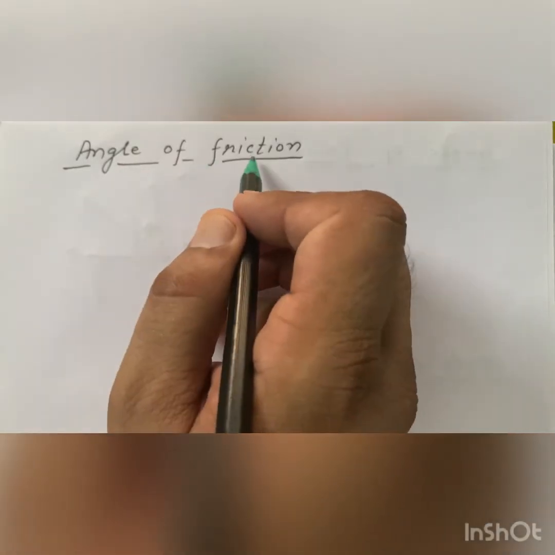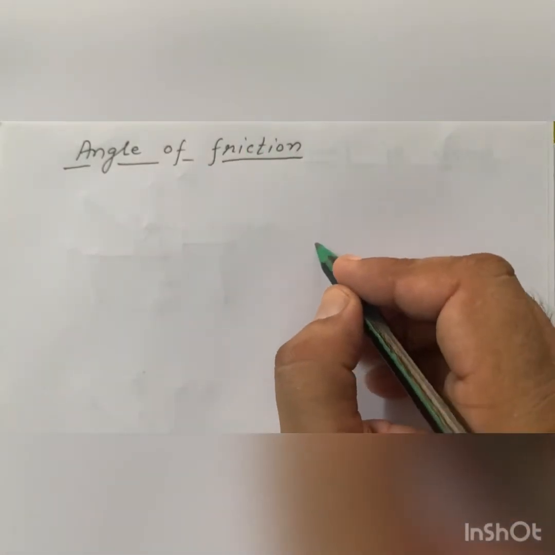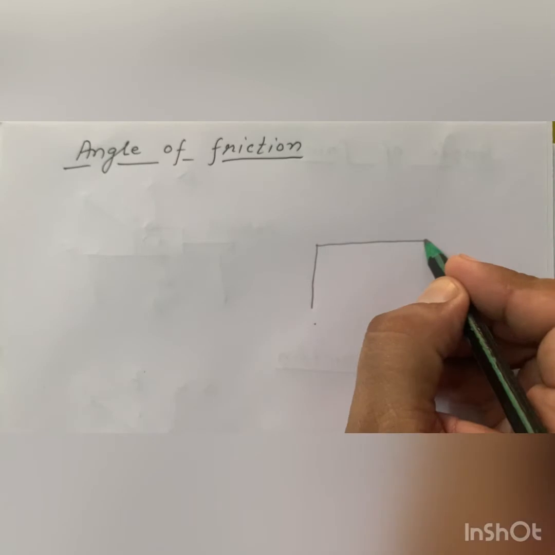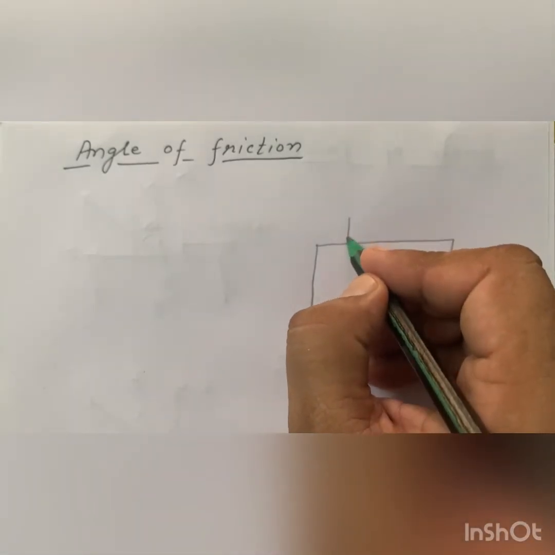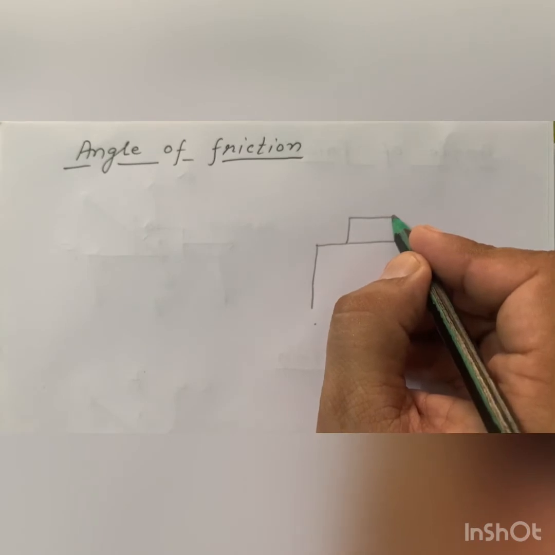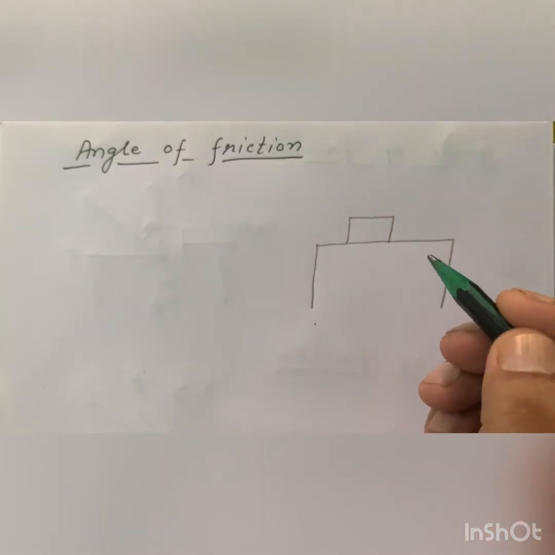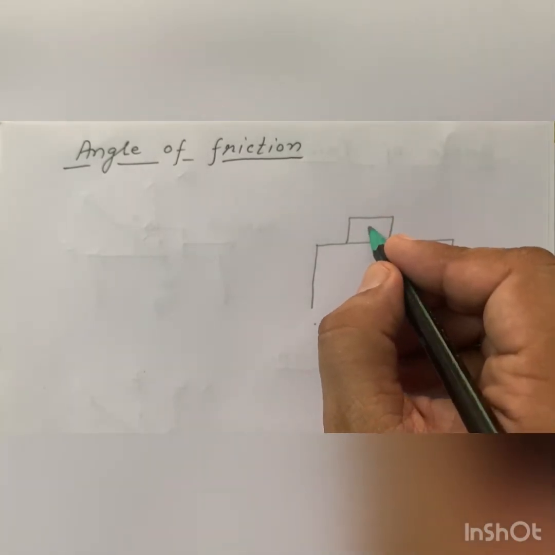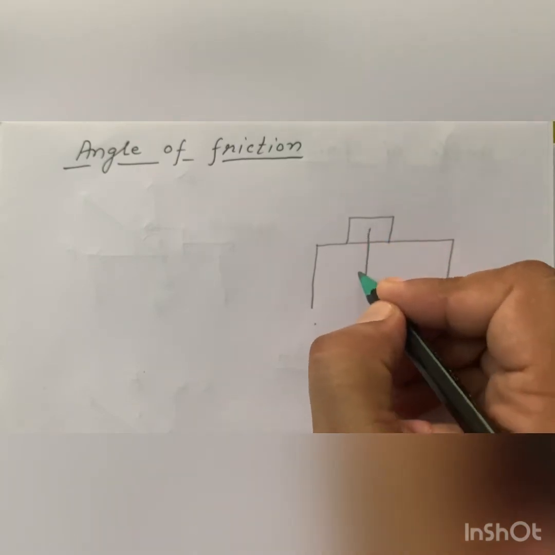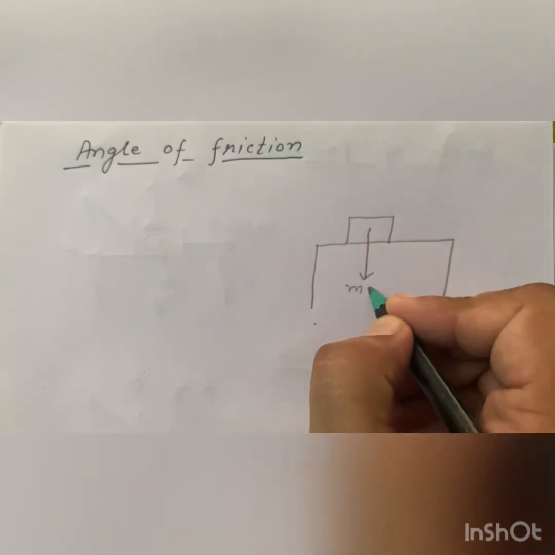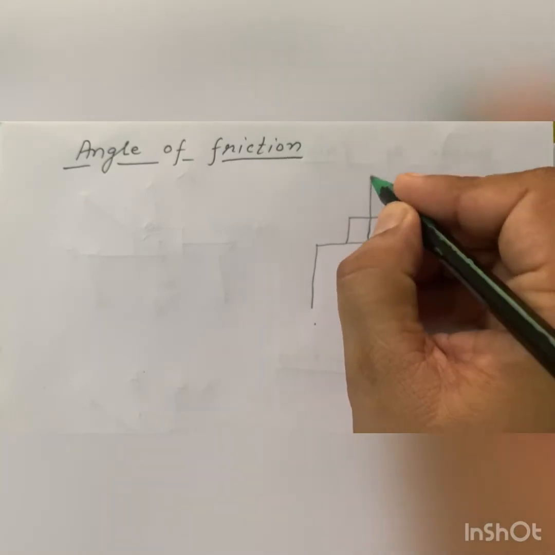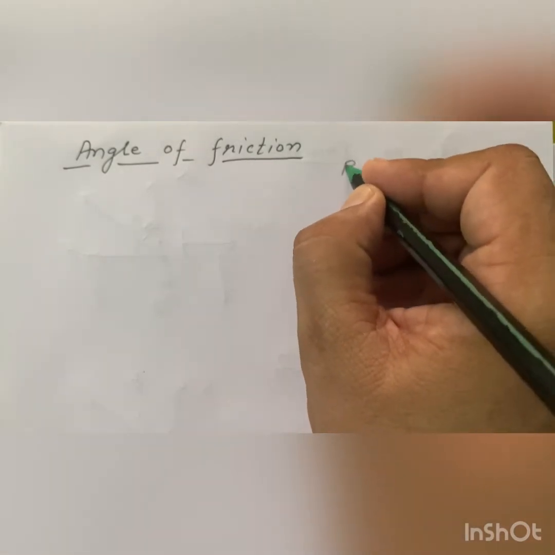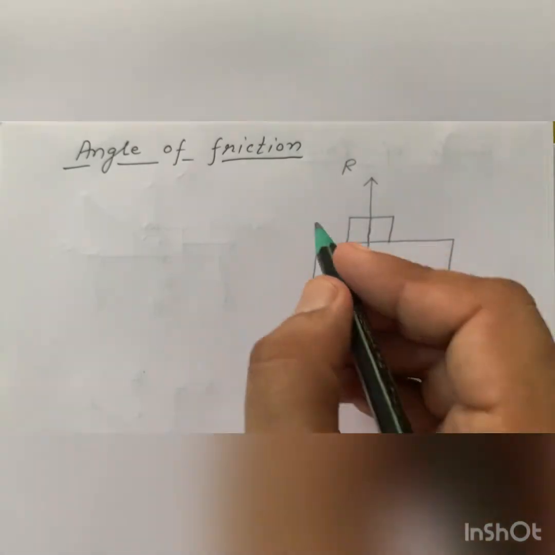Angle of friction. Let us consider a body placed on the surface. The various forces acting are its weight mg acting downward, and normal reaction R in the up direction.